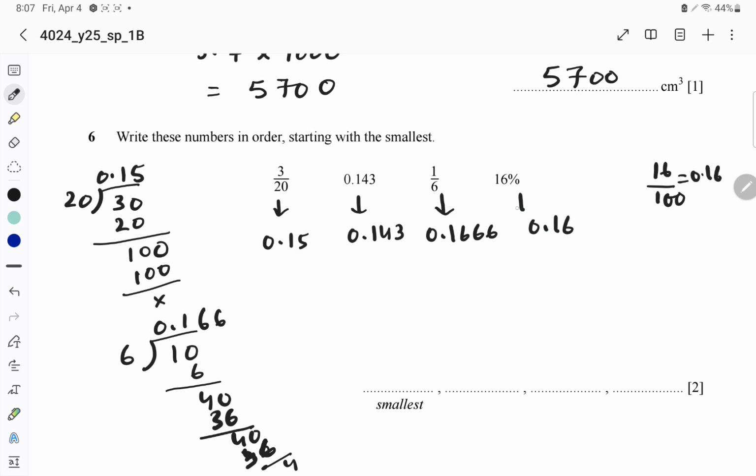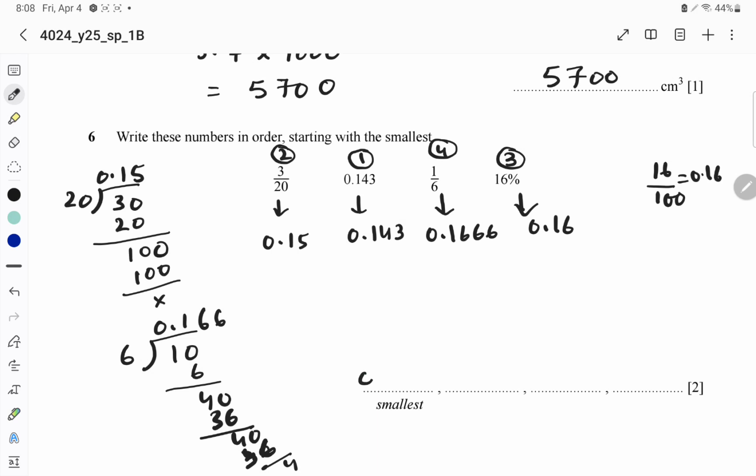Now we are going to number them in ascending order, starting with the smallest, which will be the first number: 0.143. The second number will be 0.15, that is 3 upon 20, and the third number will be 0.16, which is 16%, and the fourth number is 0.166, which is the highest number, which is 1 over 6.